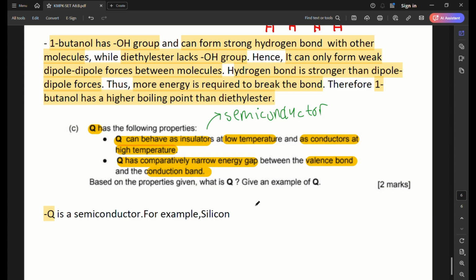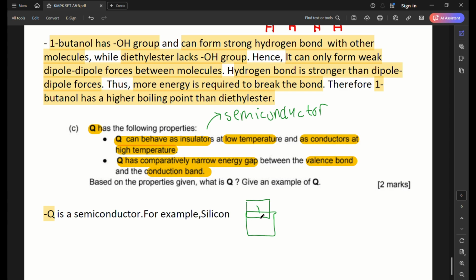So basically we are talking about band theory here. For metals, there are no gaps between the valence band and the conduction band. Actually, they overlap.